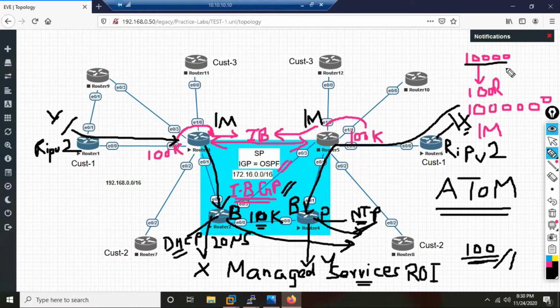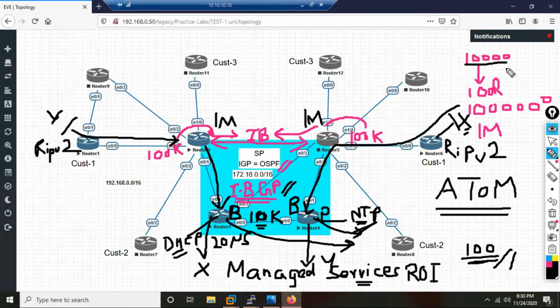100 customers taking up this service, and as I said, per month you're charging maybe just $5. So just imagine, $500 additional per month. In one year the service provider can make good money. I'm taking a very low figure, the least number of customers and a fee of just $5.